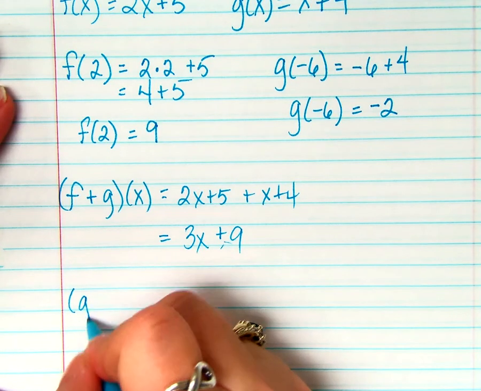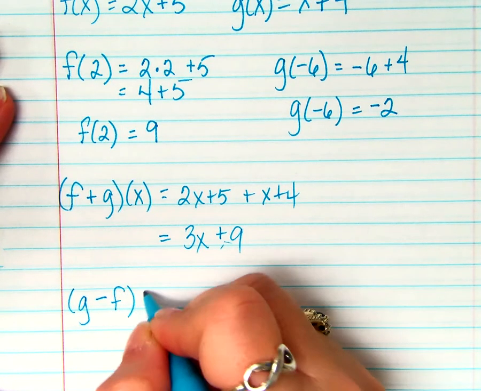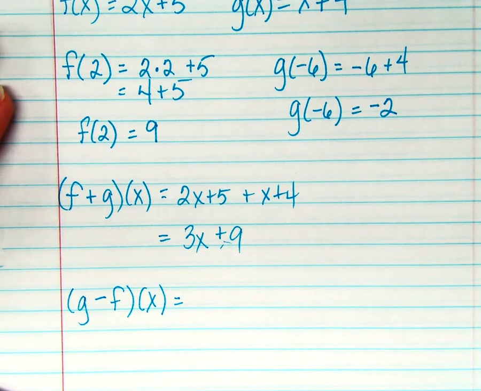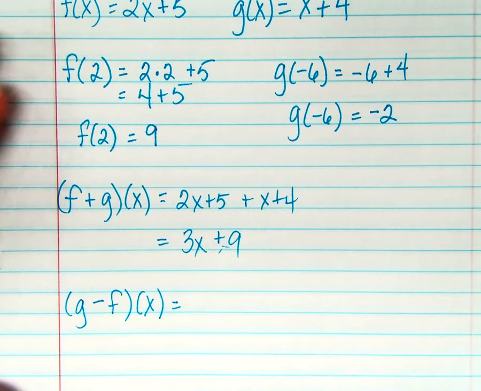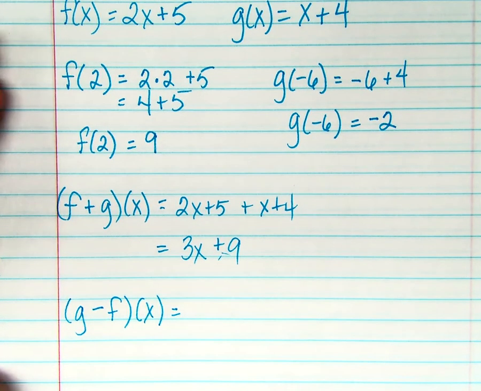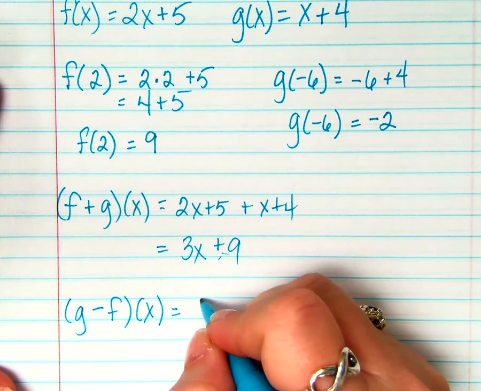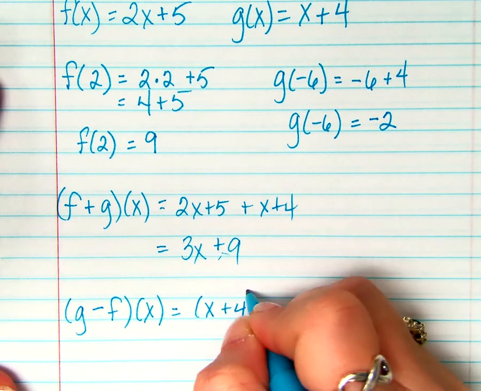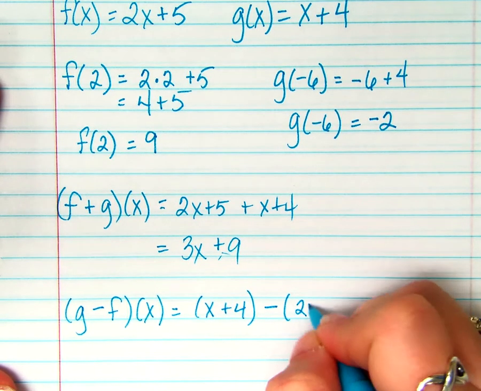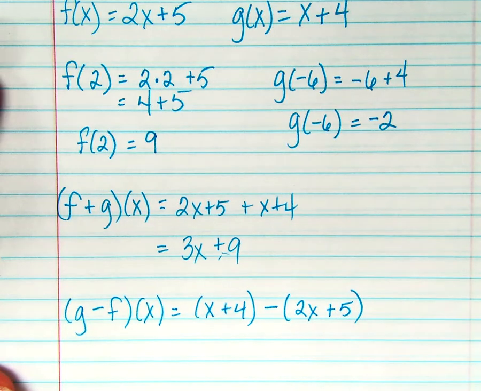What about g minus f of x? What do I do? Subtract them. Which one do I start with? g, because it comes first right here, correct? So I have x plus 4 minus 2x plus 5.